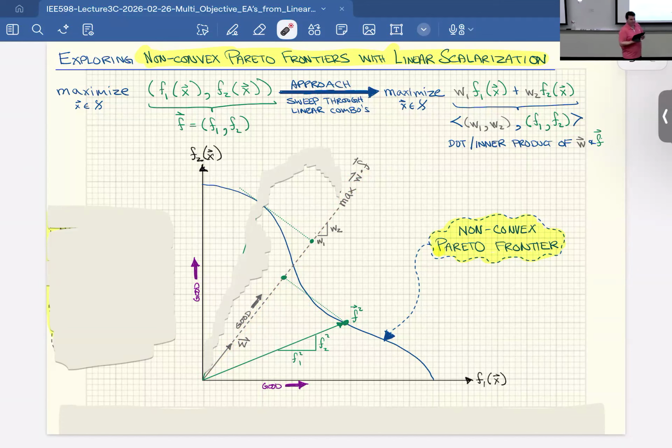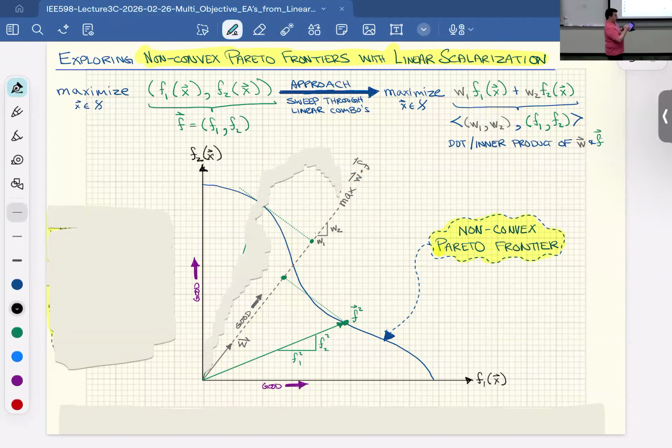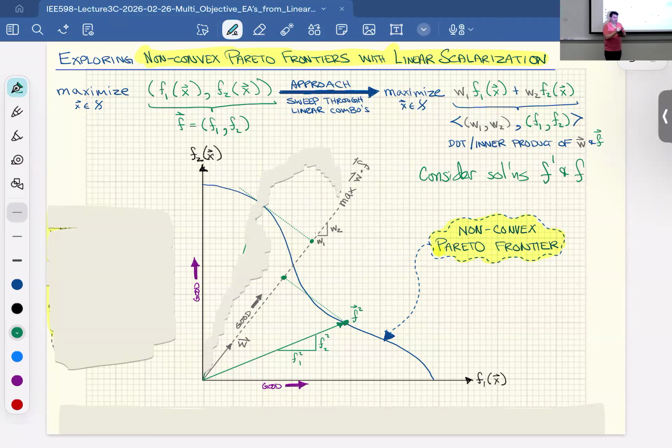Yeah, so this one is F2. Oh, I'm sorry, that's a notational thing here. I've hidden this F1, because I'm trying not to give away the punchline, but I'm going to say consider solutions F1 and F2. It's not meant to be a square, I just ran out of subscripts.